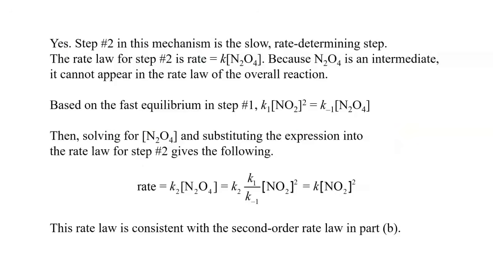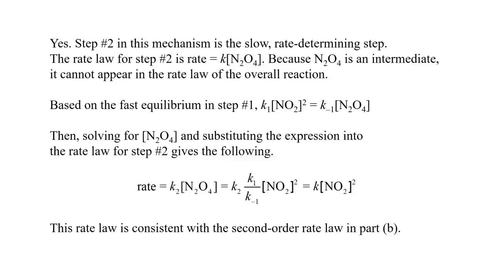Yes, step 2 in this mechanism is the slow rate determining step. The rate law for step 2 is equal to rate equals k times the concentration of N2O4. Because N2O4 is an intermediate, it cannot appear in the rate law of the overall reaction. So we take a look at the fast equilibrium in step 1.